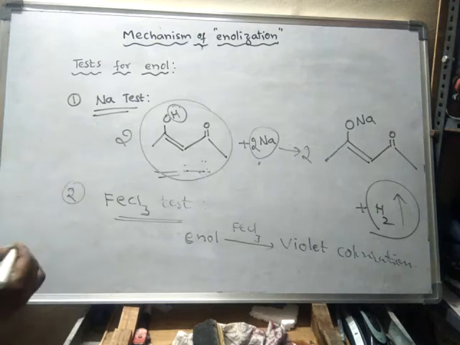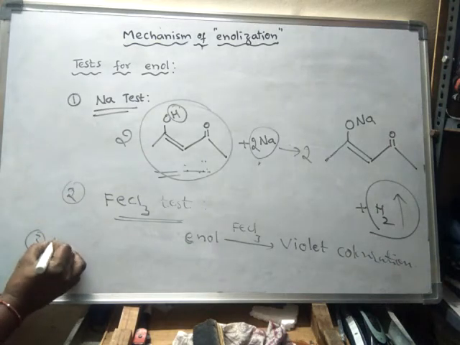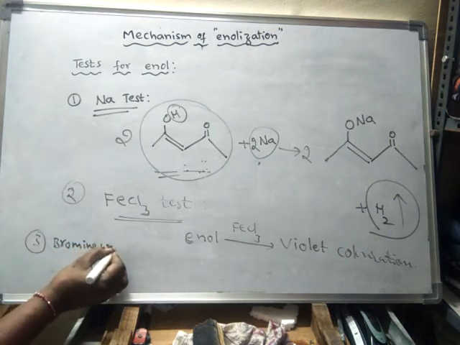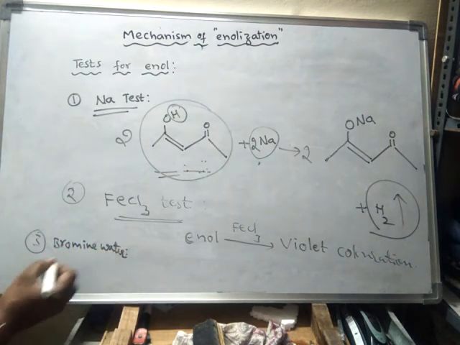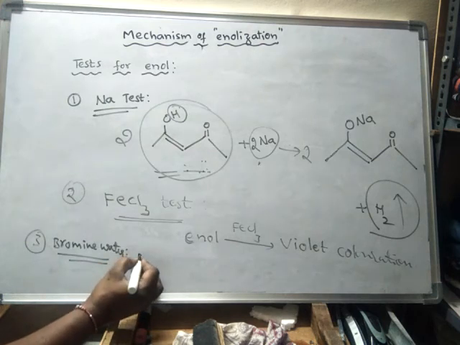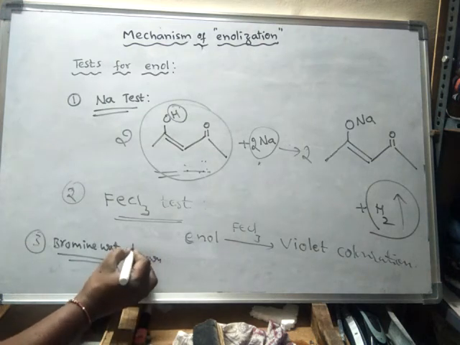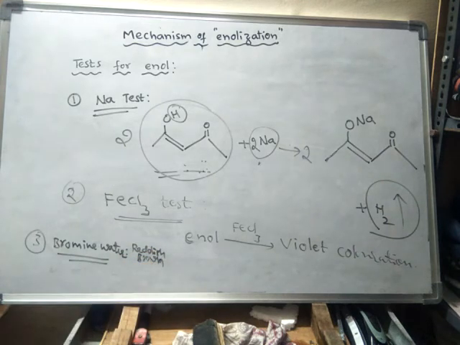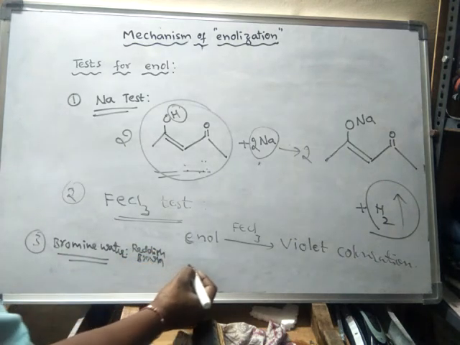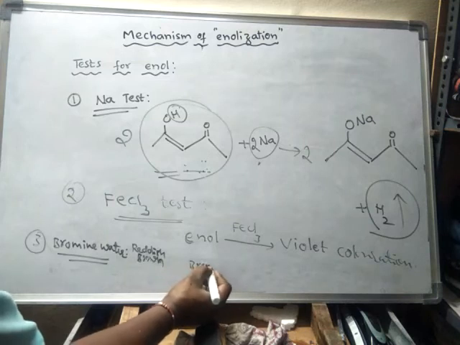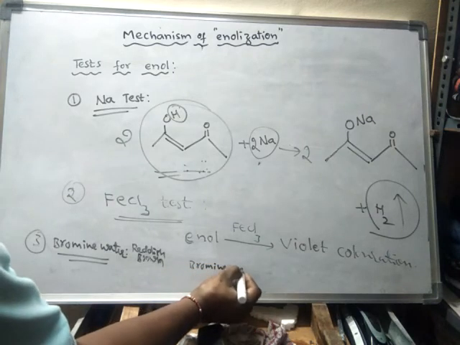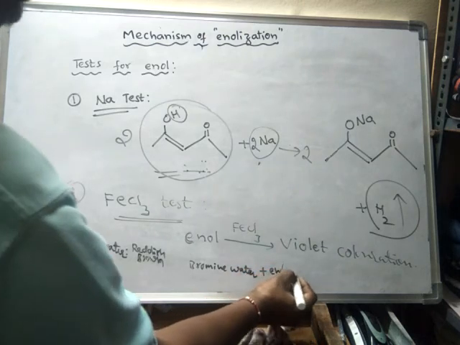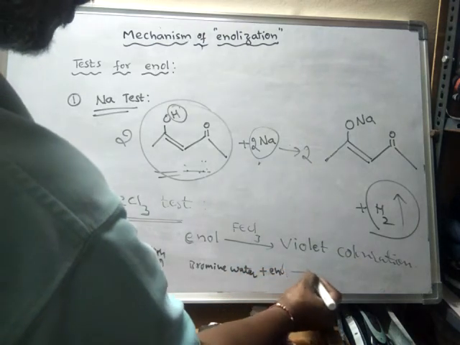And one more test, the bromine water test. Bromine water is actually reddish brown in color. When bromine water is mixed with enol, the color of the bromine water is lost.